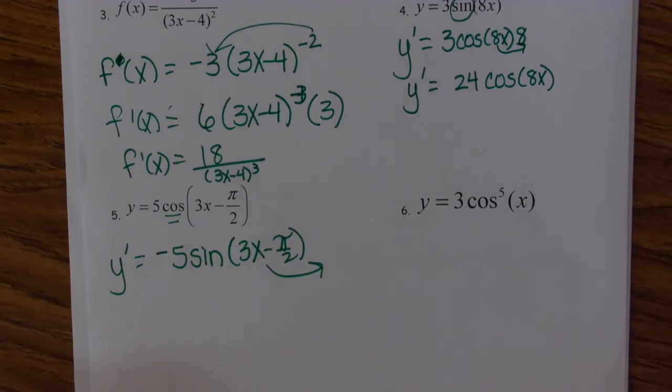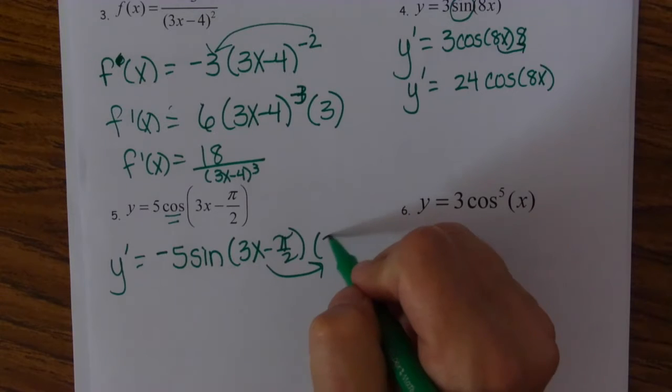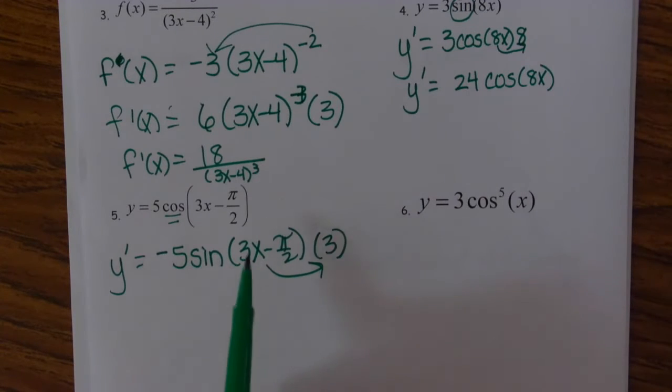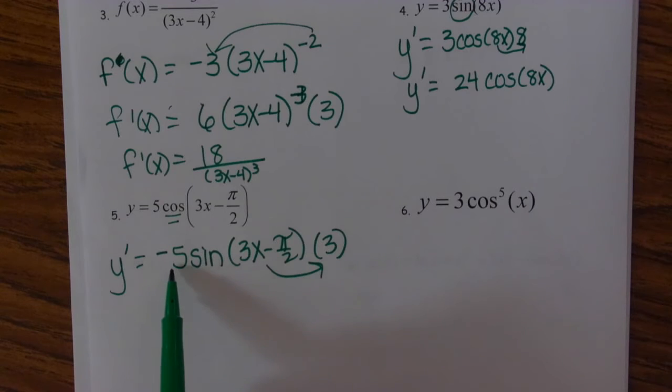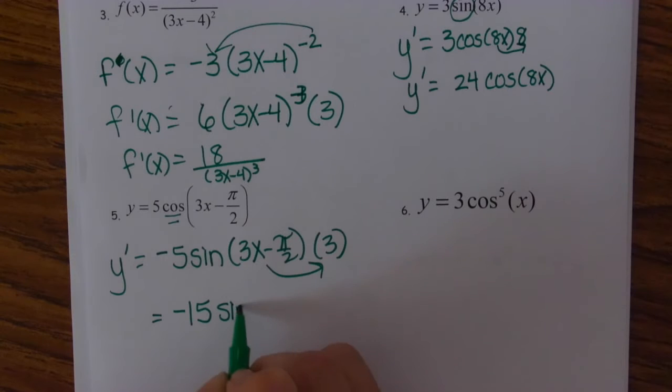And what's the derivative of 3x minus pi over 2? Just 3, because the derivative of pi over 2 is just 0. And now I've got a -5 and a 3. So I would probably clean that up a little and write 15 sine 3x minus pi over 2.